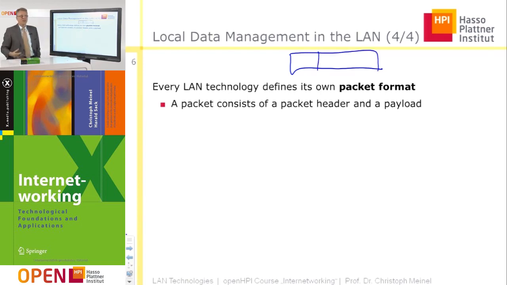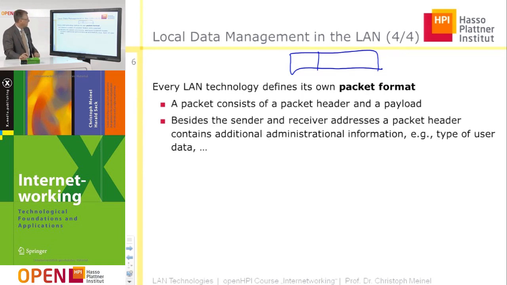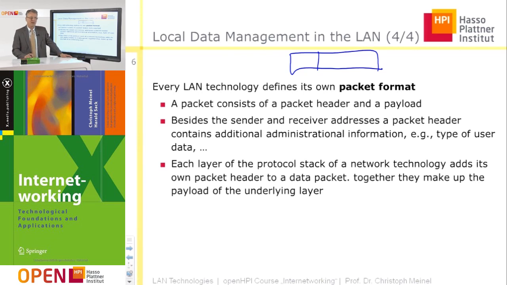The payload is the user data, but the payload may also contain other administrational data from other layers of the communication protocol stack. What is assigned in the header, we already mentioned, is the sender address and the receiver address, and then some additional administrational information, for example, the type of user data and others.